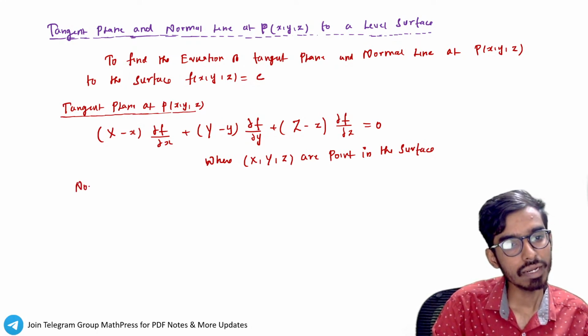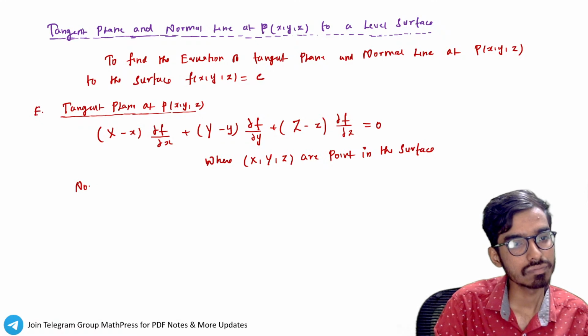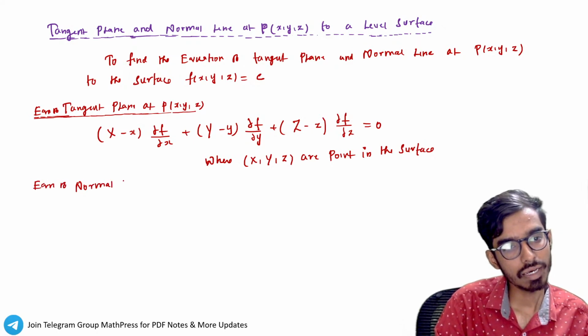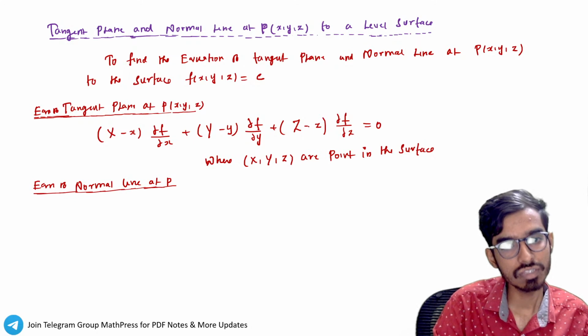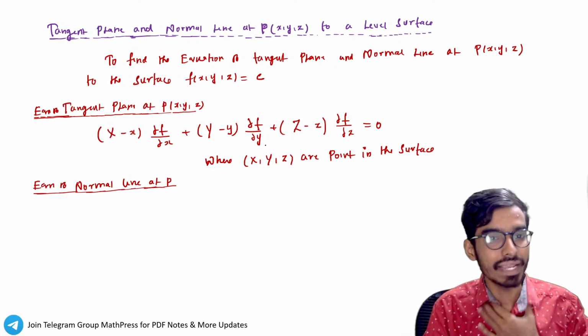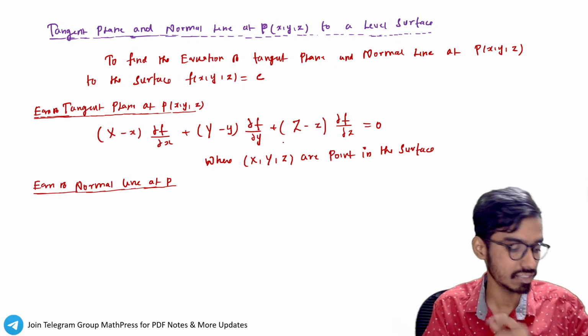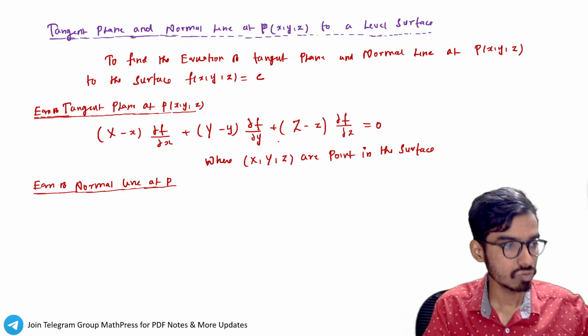Now, the equation of the normal line at P. From an exam point of view, this is enough, but I will let you know how this formula came, because it is not good for me as a teacher to just give you the formula.